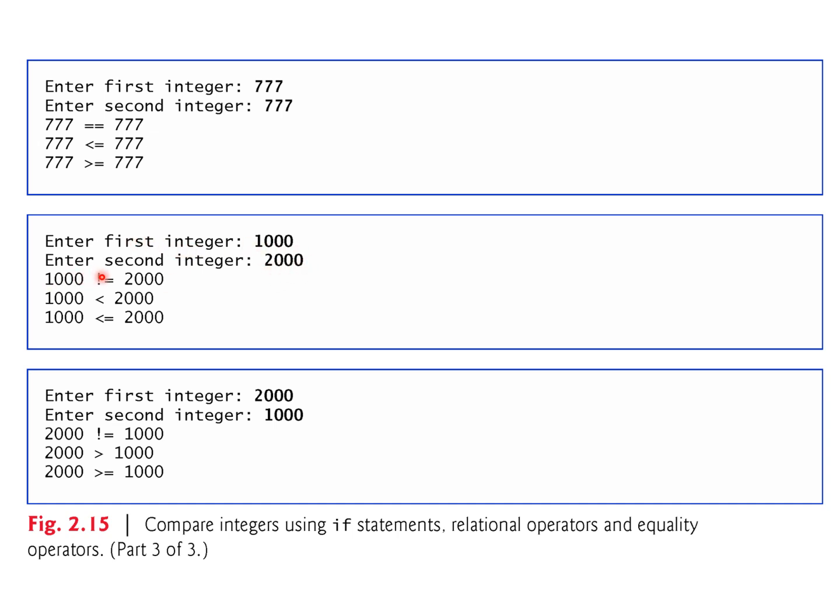So there are also three comparisons that are true, including not equal to, less than, and less than or equal to. And in the third run, the user entered 2000 for number1 and 1000 for number2. And so here we also have three comparisons that are true, including not equal to, larger than, and larger than or equal to.